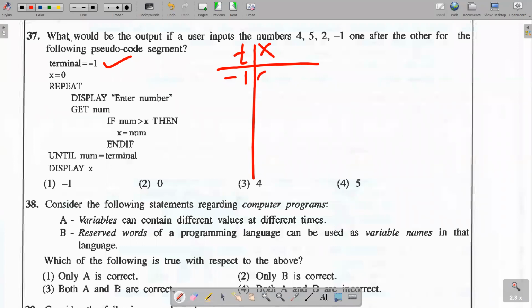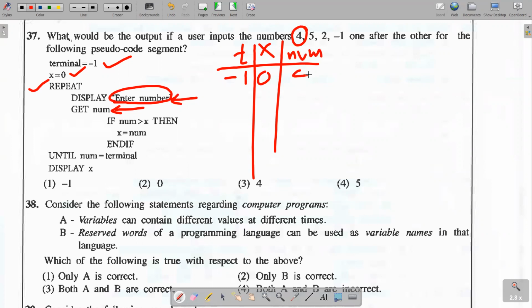X equals 0, it says. And it says repeat. Display enter number, and get num. So the num variable will be assigned the number that is provided. The first number that you are going to provide is 4. So num is first assigned with 4.